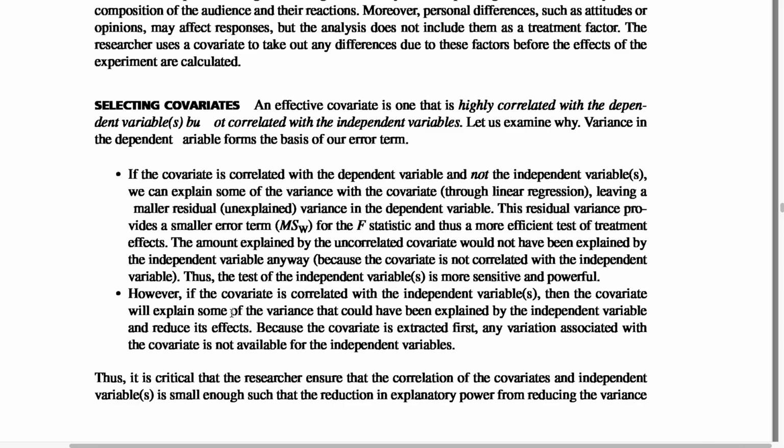The variance explained by the uncorrelated covariate would not have been explained by the independent variable anyway. Because the covariate is not correlated with the independent variable, the test of the independent variable is more sensitive and powerful. However, if the covariate is correlated with the independent variable, then the covariate will explain some of the variance that could have been explained by the independent variable and reduce its effect, because the covariate is extracted first.